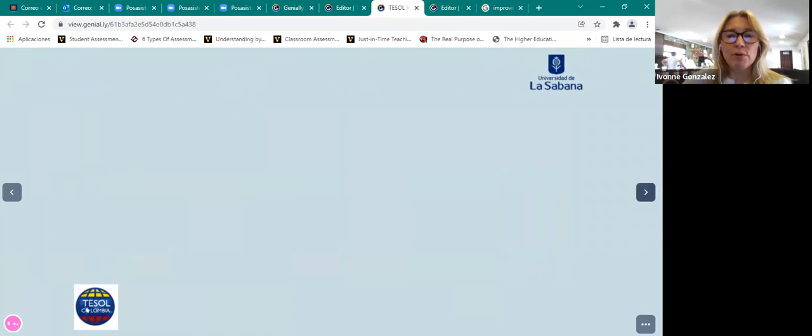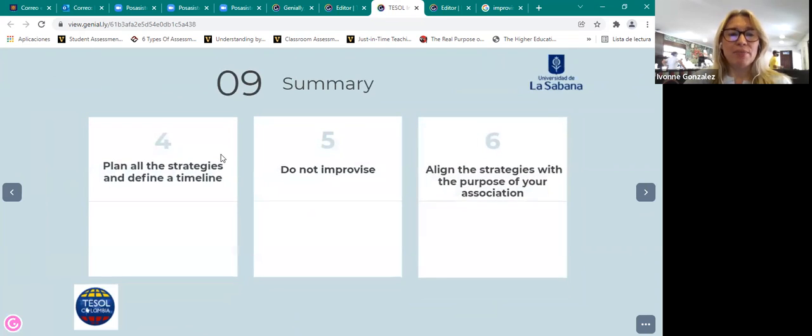Number four is plan these strategies and define the timeline as I mentioned. So when you have your plan, you have to make the list of the strategies, and the strategies become tactics. Tactics means the specific tasks that you will implement to reach that strategy. And that means that that strategy will aim at your objectives.